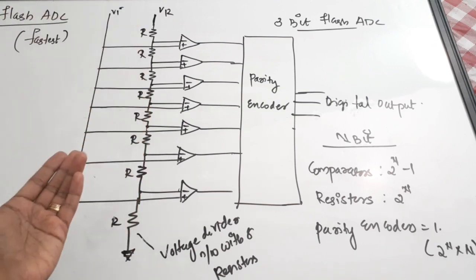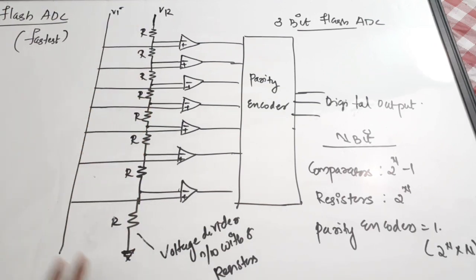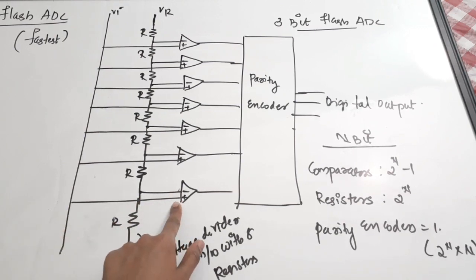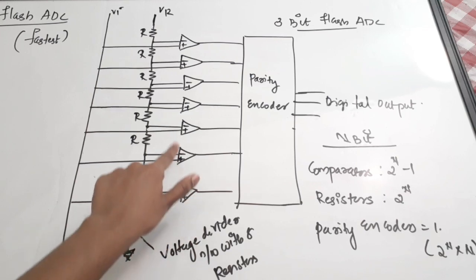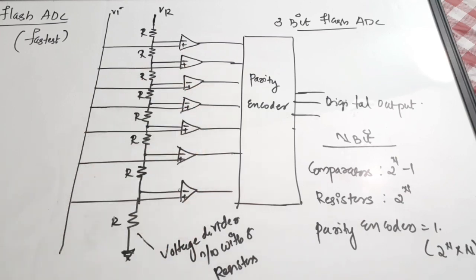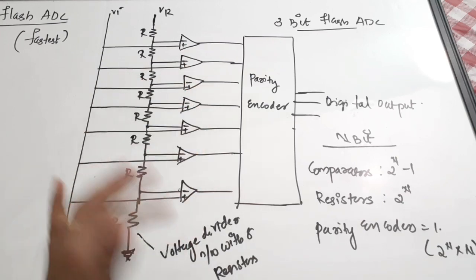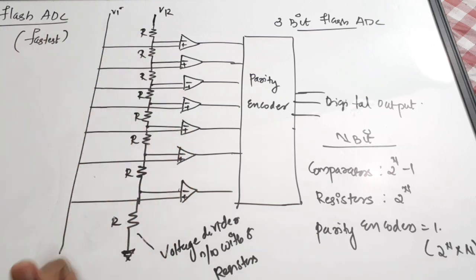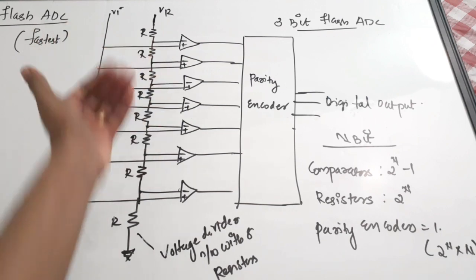And Vi, your input voltage, is applied, as you can see very clearly, to the positive terminal of each comparator. Each comparator will compare the input voltage at various levels based on this reference voltage.